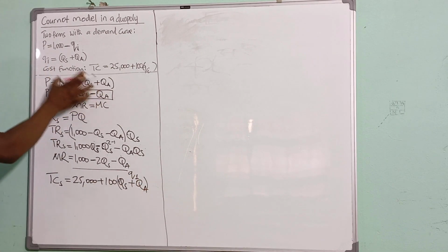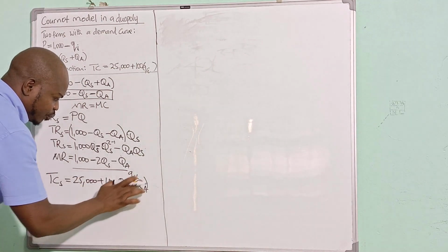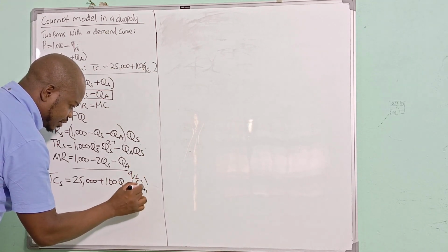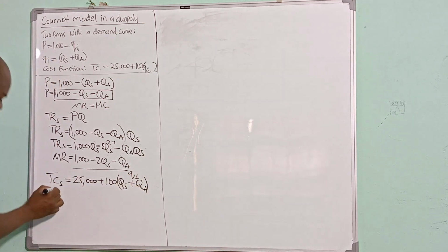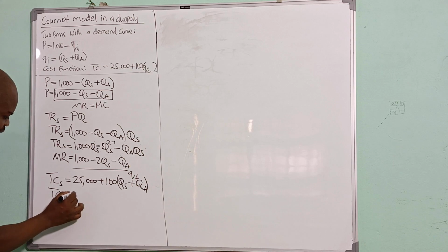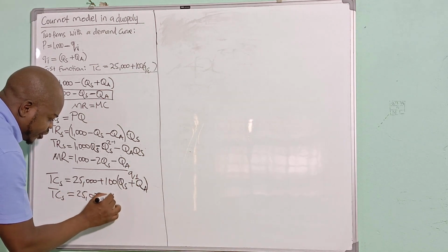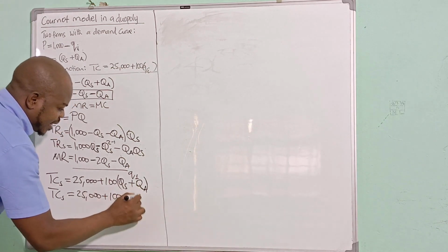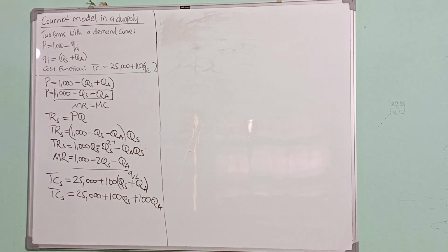I've replaced it with that because we are saying QI is equal to that. Alright, so with this being said, I can expand these 2 C's, 25,000, that plus 100 QS plus 100 QA. I've expanded now from here.